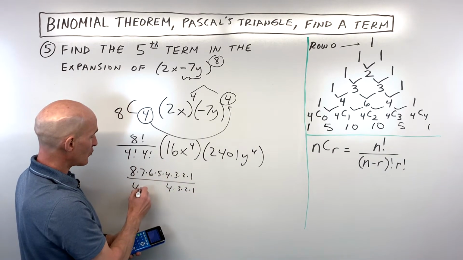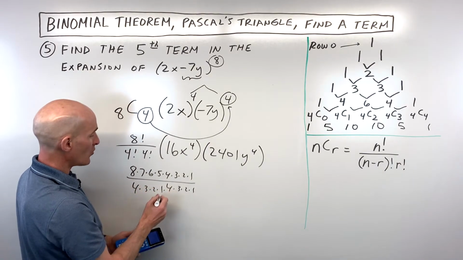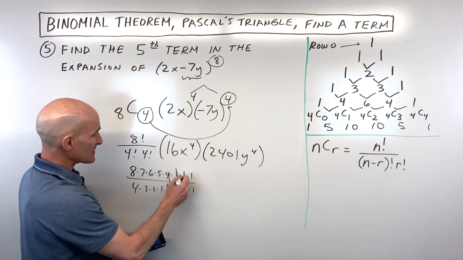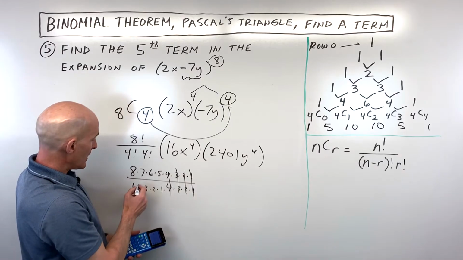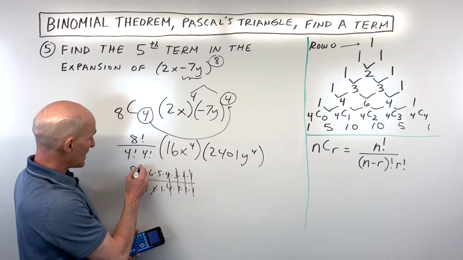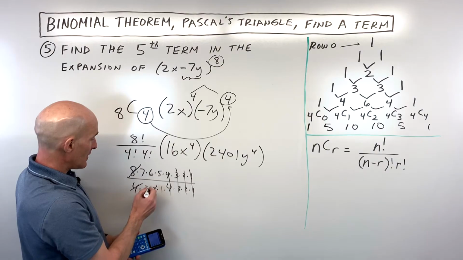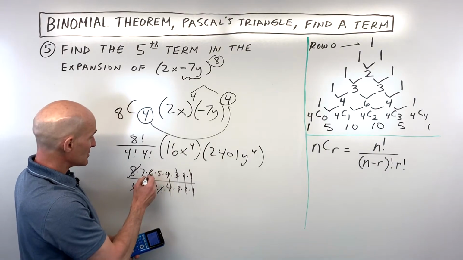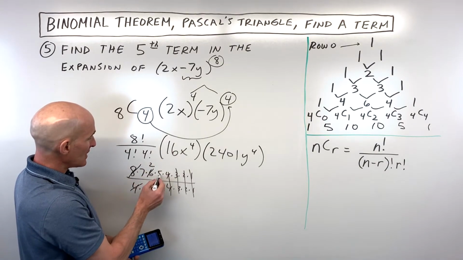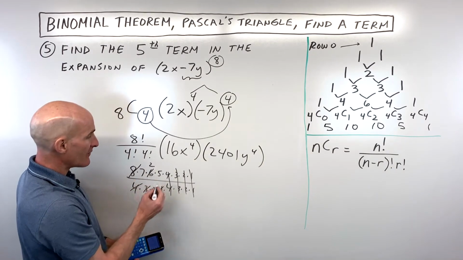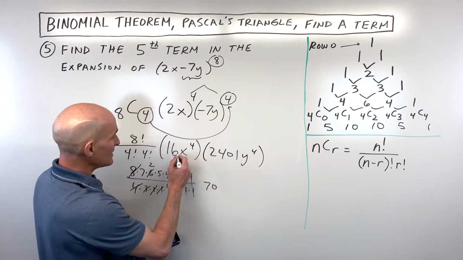And this 4 factorial, 4 times 3 times 2 times 1. You can see these are canceling, numerator and denominator. Let's see, 4 times 2 is 8. That cancels with this 8. 3 times 1 is 3. That goes into 6 twice. 2 times 5 is 10, times 7 is 70. So what we have is 70 times all of this.